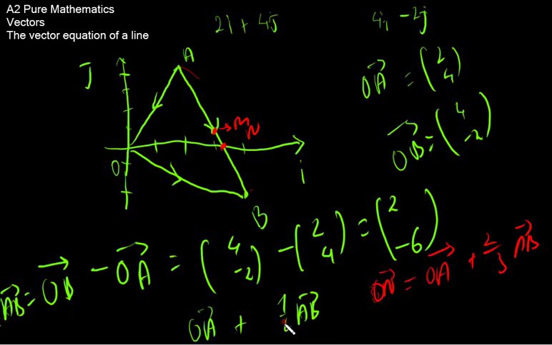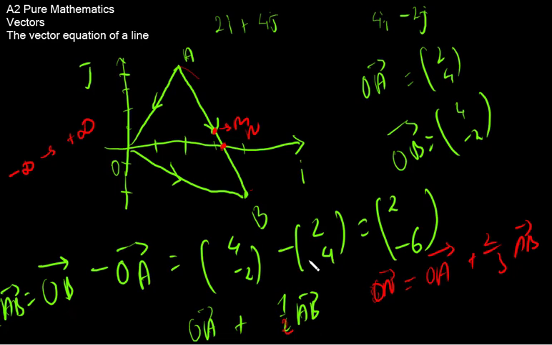If we take any constant before AB, and the constant takes values from minus infinity to positive infinity, we can actually get to all the points on this line A and B.